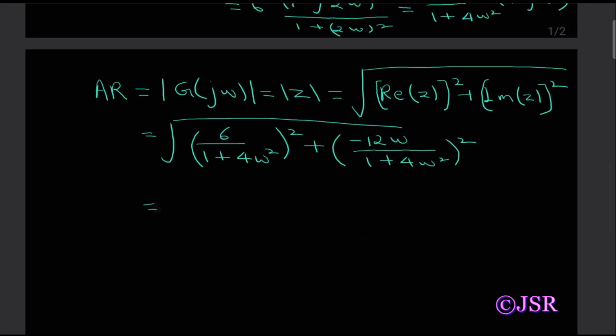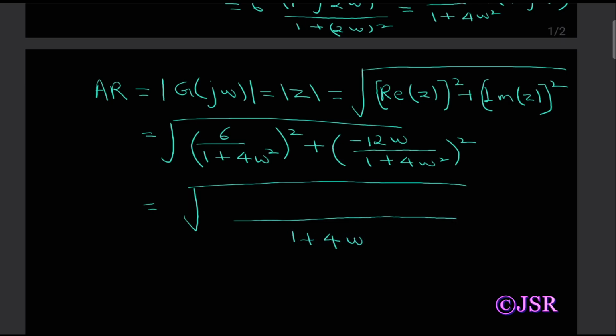So finally we will have square root of 36 plus 144 omega square upon (1 plus 4 omega square) whole square.